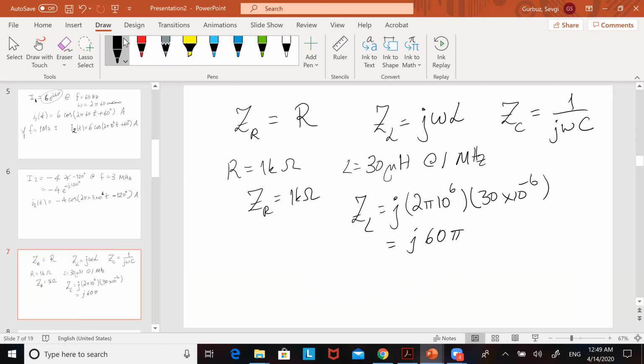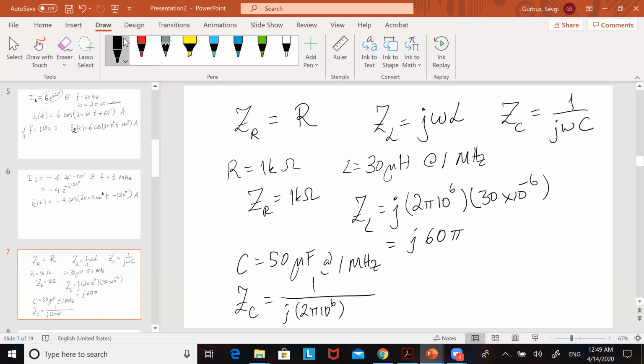What about for the capacitor? Let's suppose that the capacitor value is 50 microfarad. And again, let's say that we're looking at a 1 megahertz value for the frequency. Then we would write that the impedance of the capacitor is equal to 1 over j times 2 pi times 10 to the 6, this is the frequency, times 50 times 10 to the minus 6 farad for the capacitance.